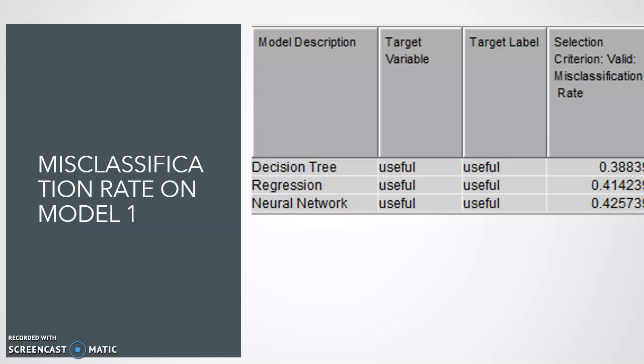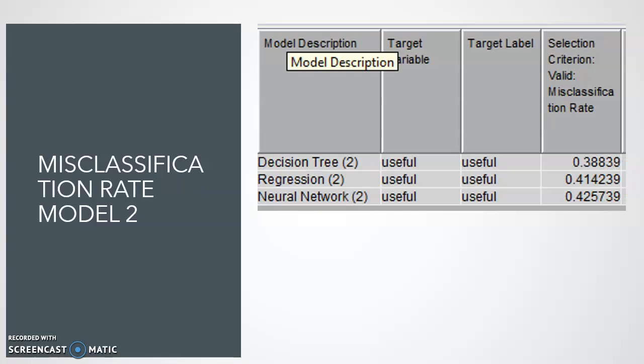So I'm going to go over the misclassification rates on each section of models that I built. For the first model, you can see that I had the decision tree, regression analysis, and neural network, and my misclassification rates for each one of those.